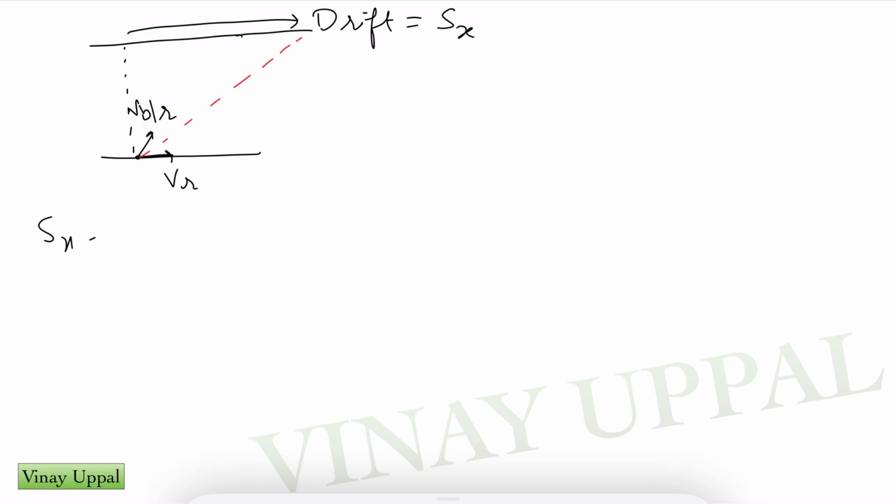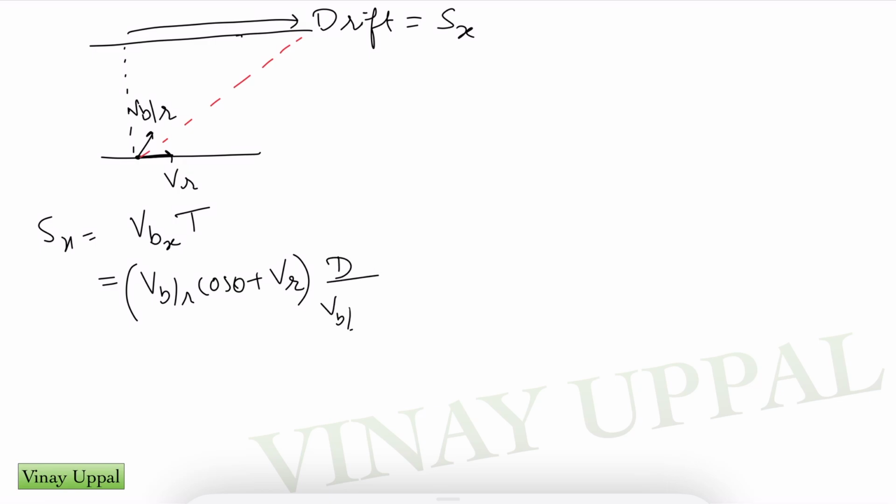I can simply write that as the x component of the velocity of the boat multiplied by the time. The x component of the velocity of the boat will simply be VBR cos theta plus the river speed, since the river velocity is entirely along the x-axis, multiplied by the time, and the time was D divided by VBR sine theta. This is what we found on the previous page. So this is basically the expression for drift.